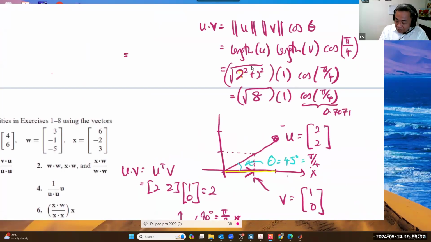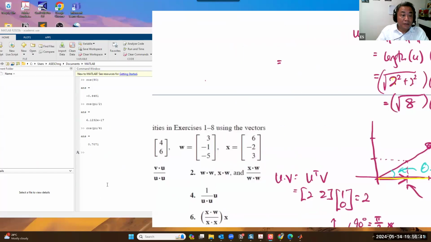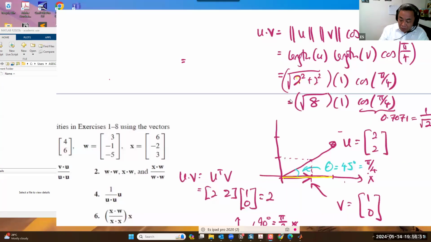Now, what do you think this number is? It is actually 1 divided by square root of 2. Now, I have square root of 8 multiplied by 1 multiplied by 1 over square root of 2. What's my answer, guys?